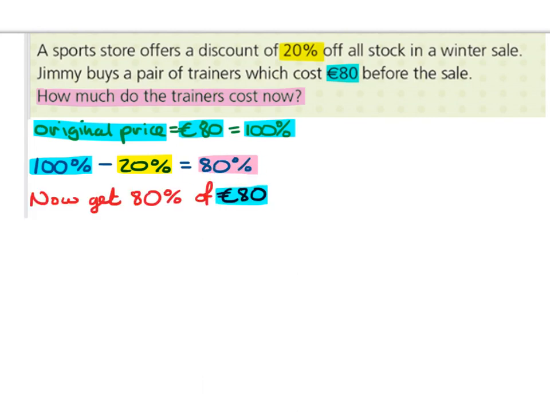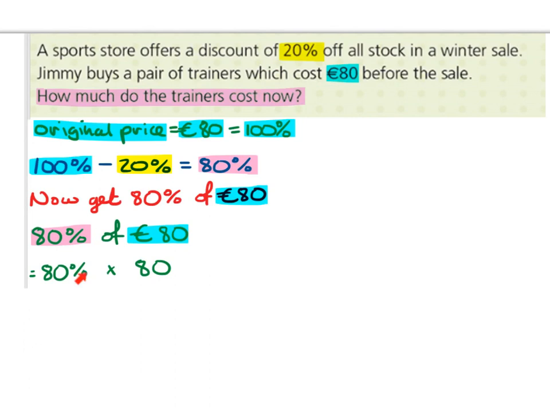So now we get 80% of €80, and 80% of €80 is the same thing as 80% multiplied by 80, because of means multiplied. So just like in the previous slide, you can stick the percentage symbol into your calculator, so 80 and the percentage symbol multiplied by 80, or you could change 80% to a decimal, which is 0.8.